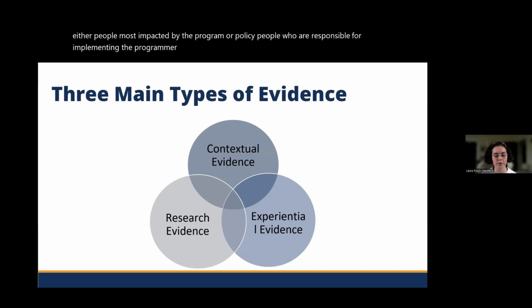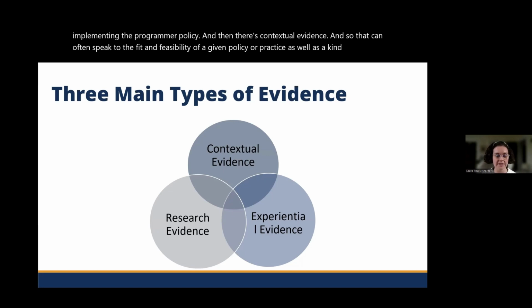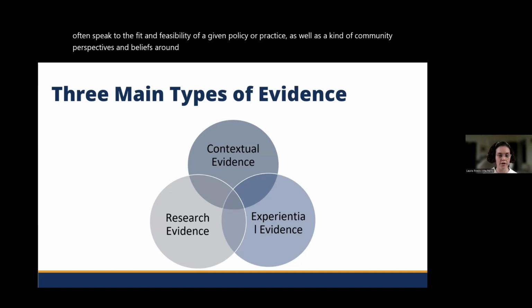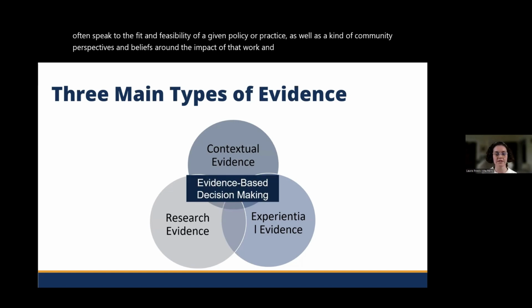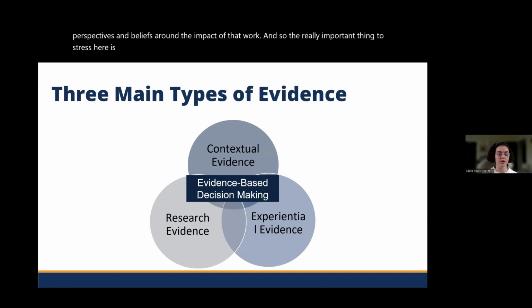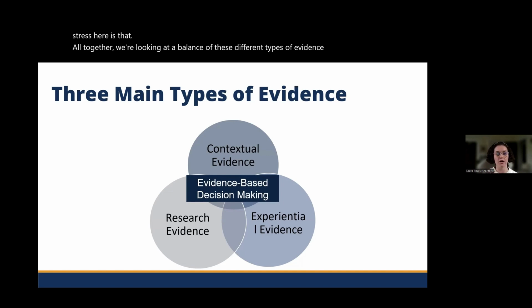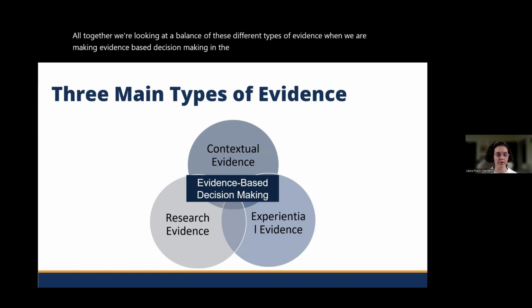And then there's contextual evidence. That can often speak to the fit and feasibility of a given policy or practice, as well as community perspectives and beliefs around the impact of that work. And so the really important thing to stress here is that taken all together, we're looking at a balance of these different types of evidence when we are making evidence-based decisions in the maternal and child health field.